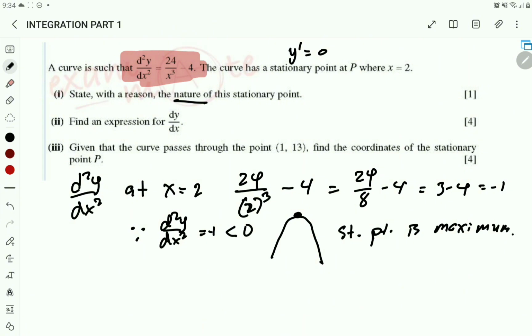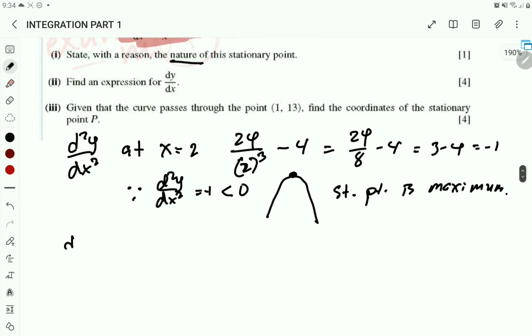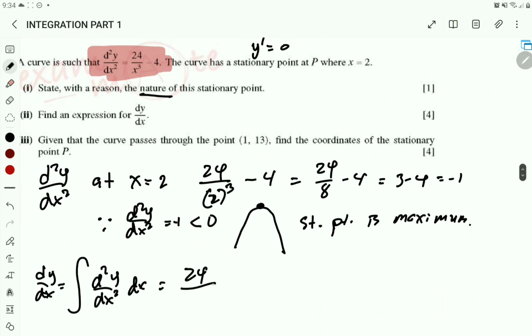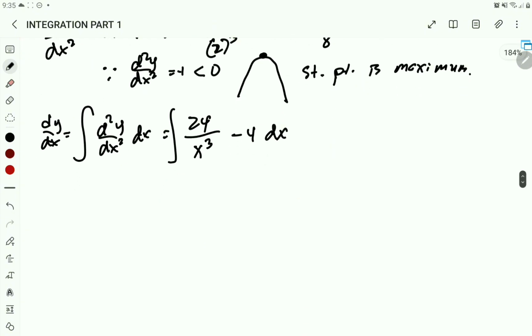Find an expression for dy/dx. Guys, remember, dy/dx is equal to the integral of the second derivative of y with respect to x. So that's the integral of 24 over x cubed minus 4 dx. But we cannot continue with the integration because we have a fraction here, so we need to rewrite it first.